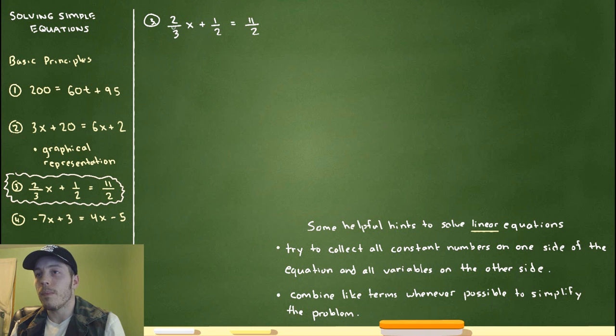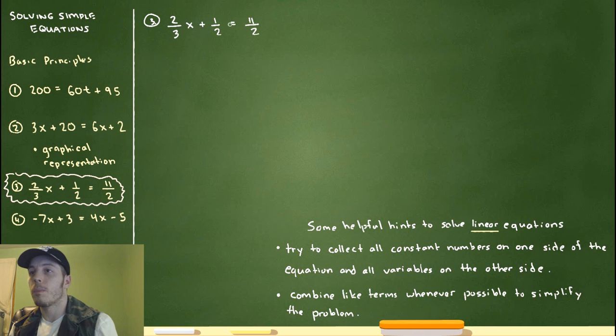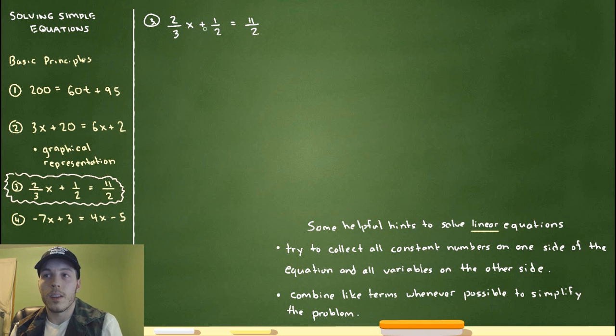So here we have 2/3 x plus 1/2 is equal to 11/2. Now, just because we're working with fractions, it doesn't change the basic principles of equation solving. These fractions, you should treat them just like any other number, okay? So to begin, keep these hints in mind.